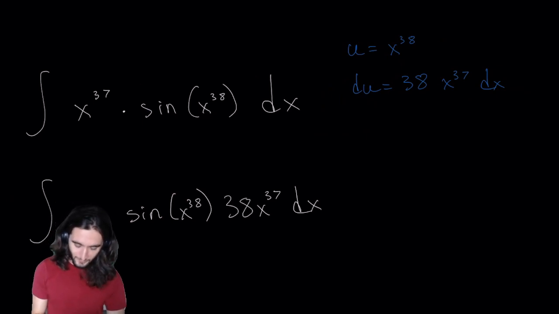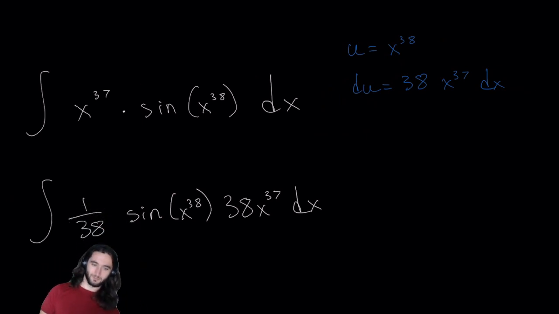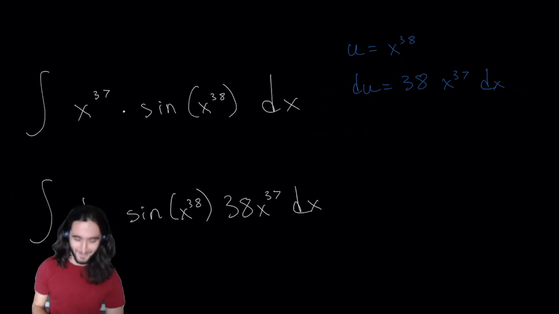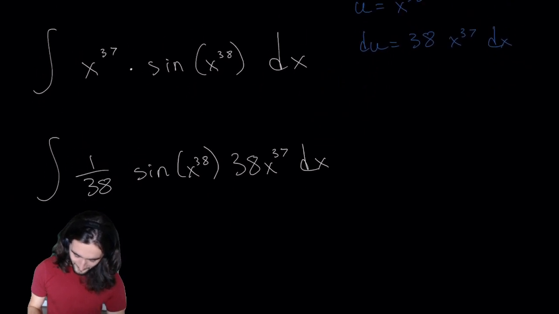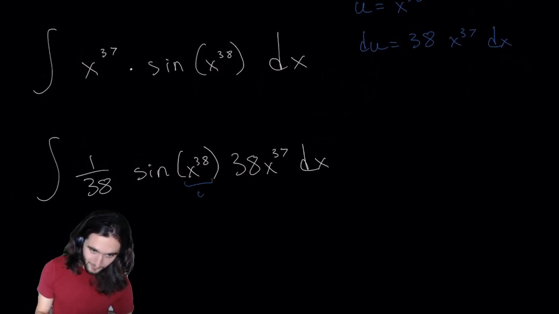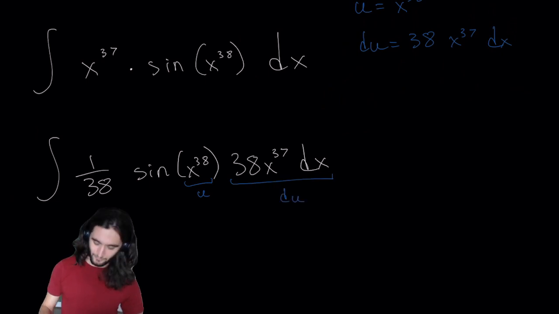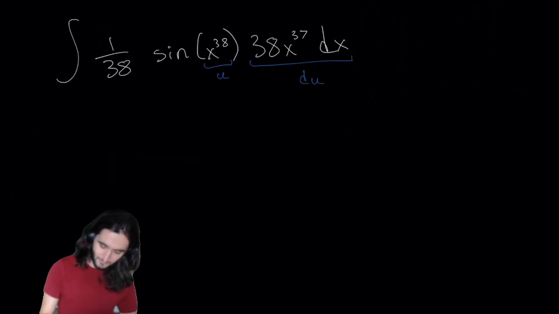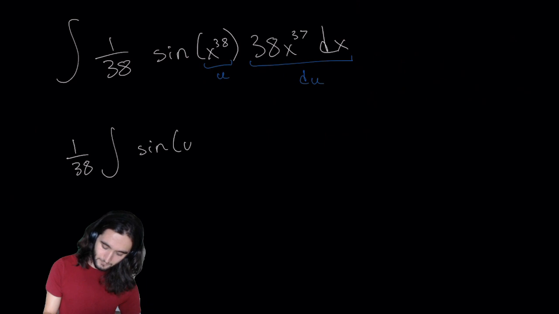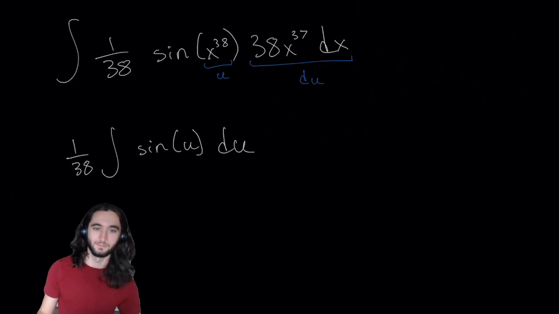No problem, I'll put in a 38 as long as I also put in a 38 like that. So here I have my sine of u, here's my du. So this is just 1 over 38 times the integral of sine of u du.